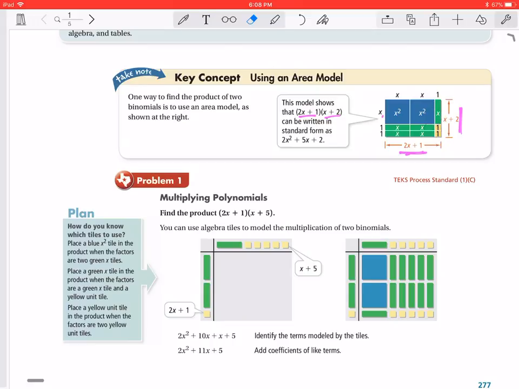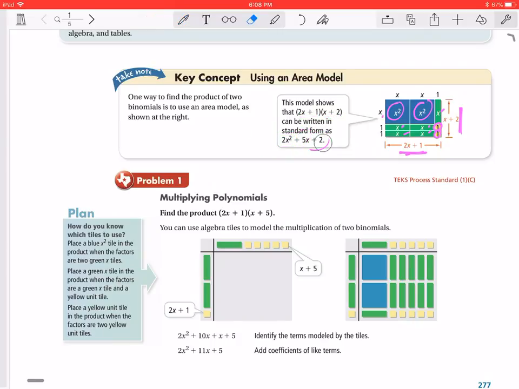In order to find the entire area, we can add them all together. We have 1x squared and 1x squared, so that gives us 2x squared. Now we can add all of our x's: 1, 2, 3, 4, 5, so we have 5 x's. Then we have 1 plus 1, which gives us 2.